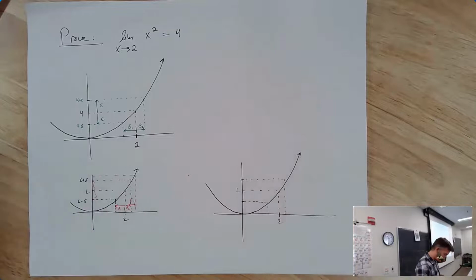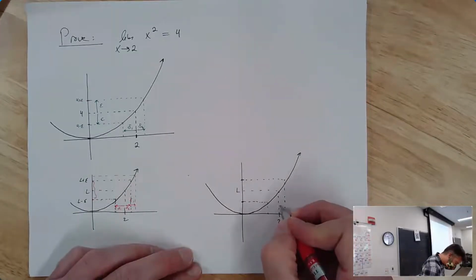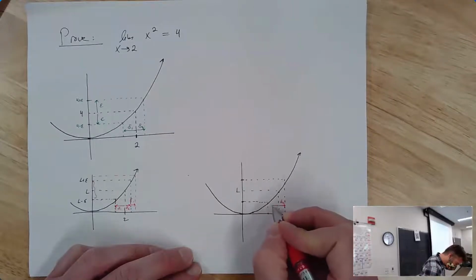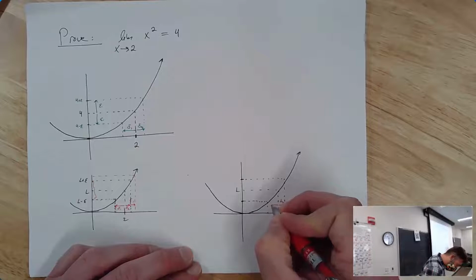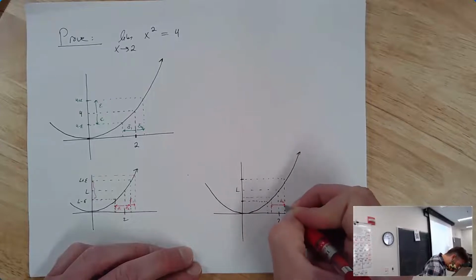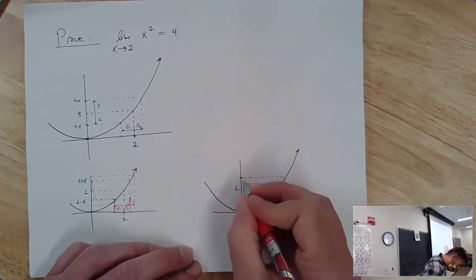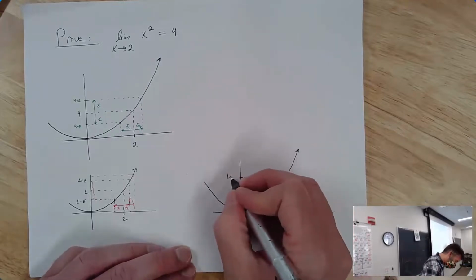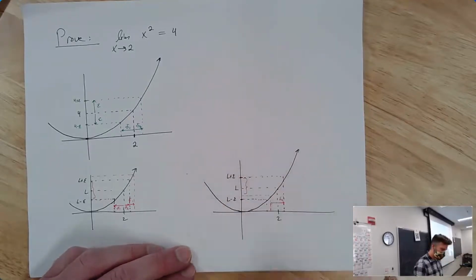So instead, if we pick delta 2, apologies, we go delta 2 to either side, then we're totally going to be safe because we're going to be here. This is going to get me up to there. We're going to end up in this smaller region, where we're still within the limit plus epsilon and the limit minus epsilon.